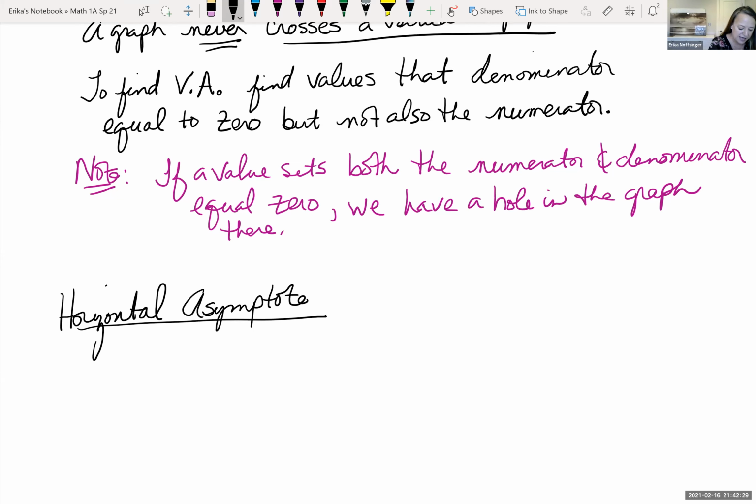A horizontal asymptote occurs if, as you're going off to positive infinity or negative infinity of your function, and it's a rational function, so let's say f of x over g of x, this goes towards one y value, L.